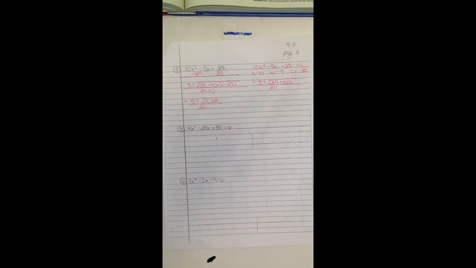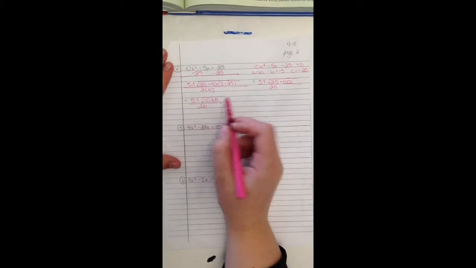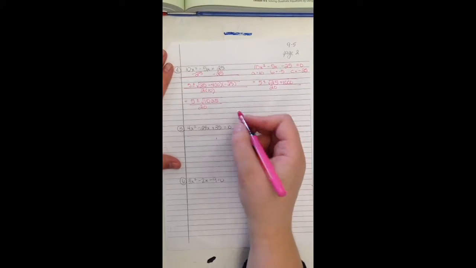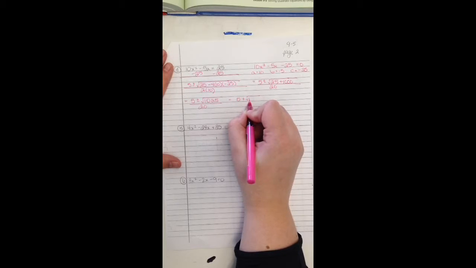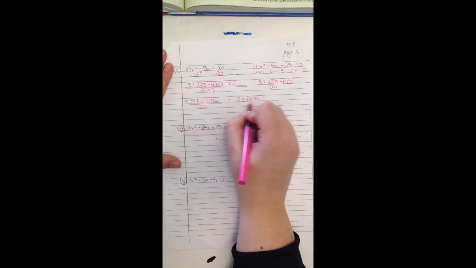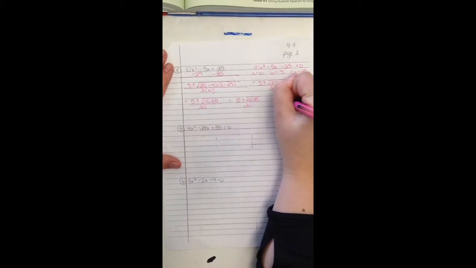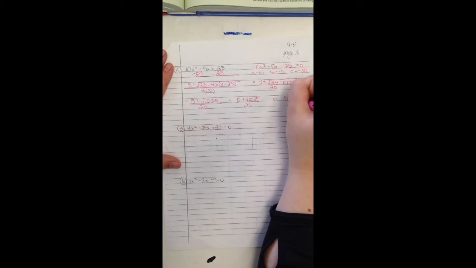Now, this one does not have a perfect square root, but I can deal with that. I can say this is the same thing as 5 plus the square root of 1,025 over 20, or 5 minus the square root of 1,025 over 20.